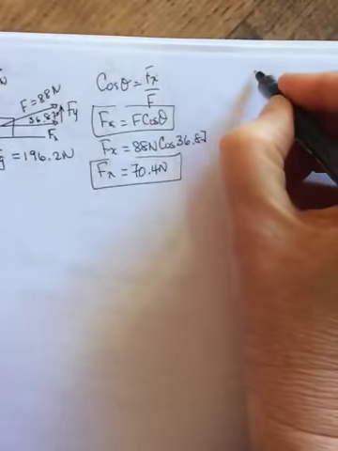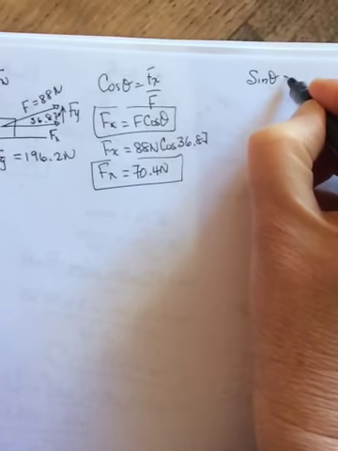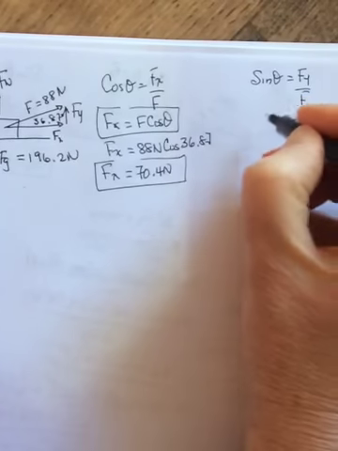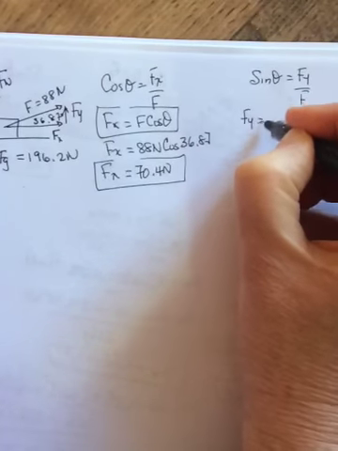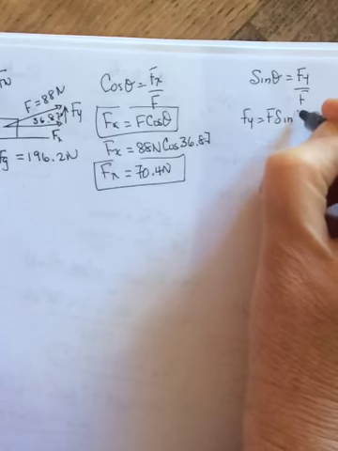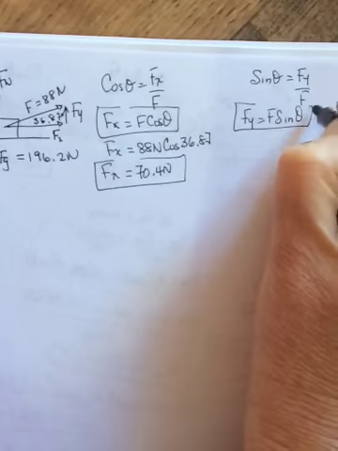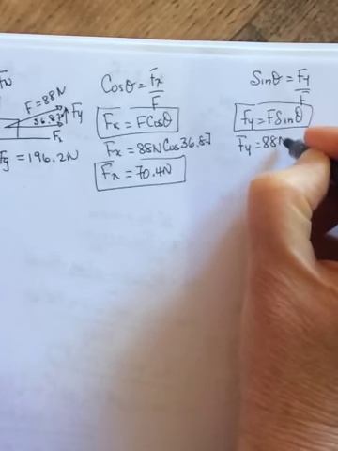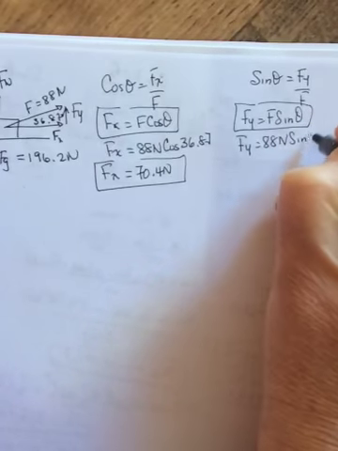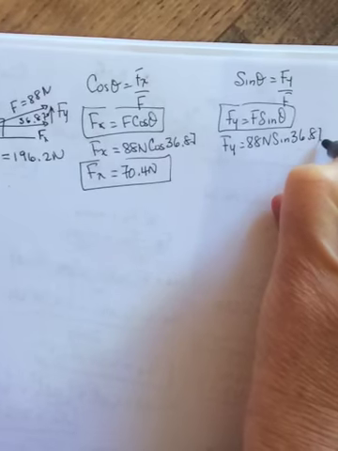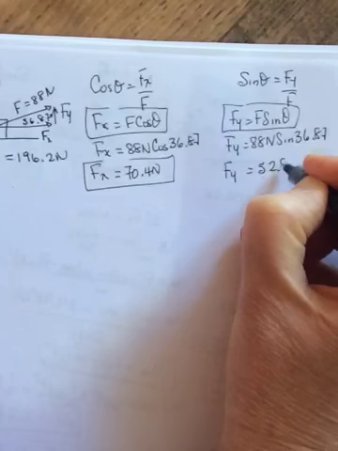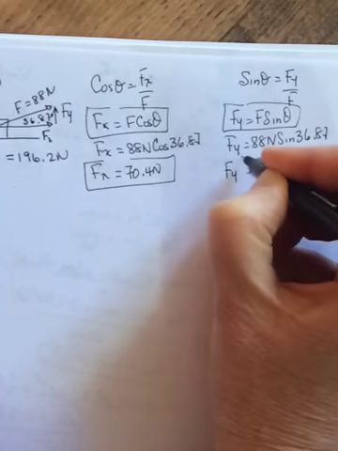Then go to the y, and it will be the opposite side, so sine theta is equal to Fy over F. So Fy is equal to F sine theta. Again, I'd probably stop here, but you can find the numbers. So 88 newtons times sine of 36.87, and you get an Fy of 52.8 newtons.